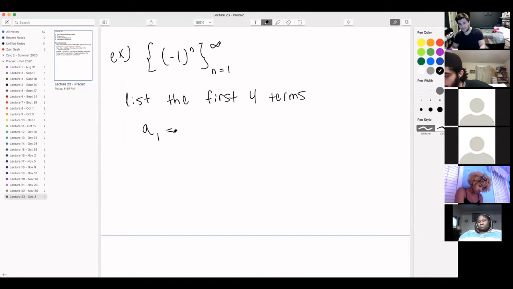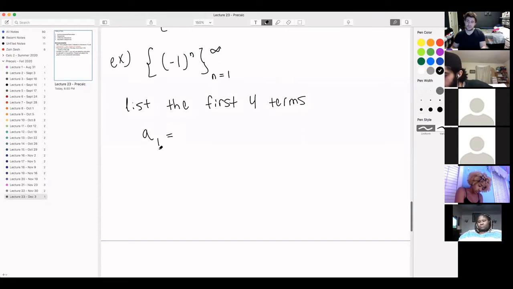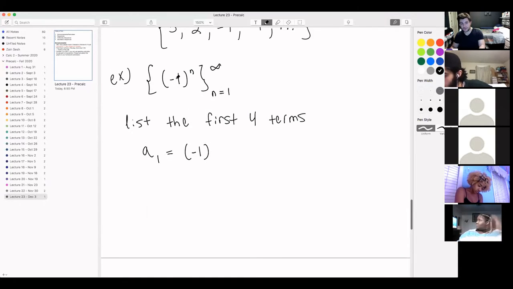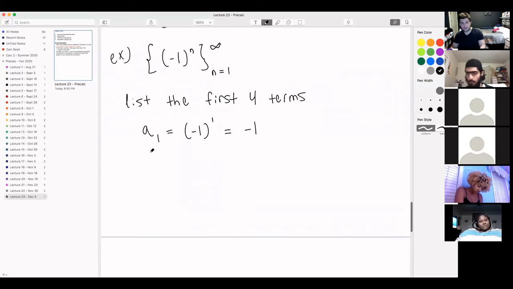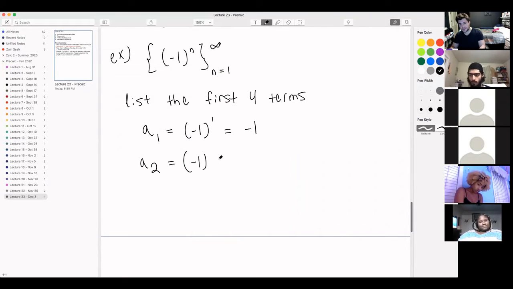Okay, a sub 1. A sub 1 is obtained by plugging in n equals 1 into the sequence. So it's -1 to the first power, which is -1. Very good. How about a sub 2? Well, that's just a result of plugging in n equals 2. So I plug in 2 for that exponent n.